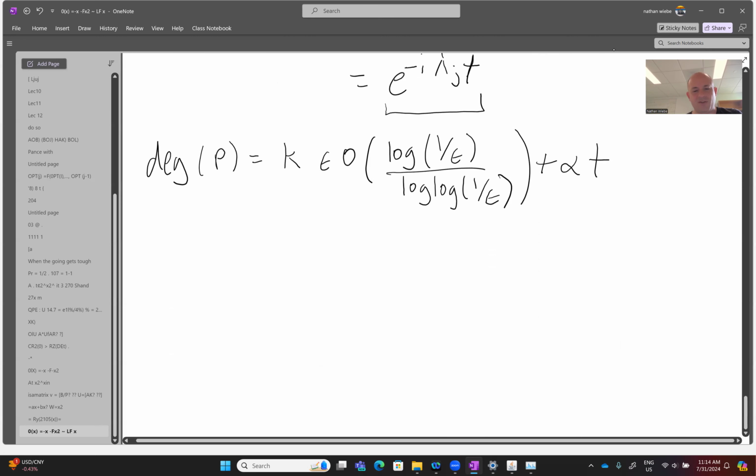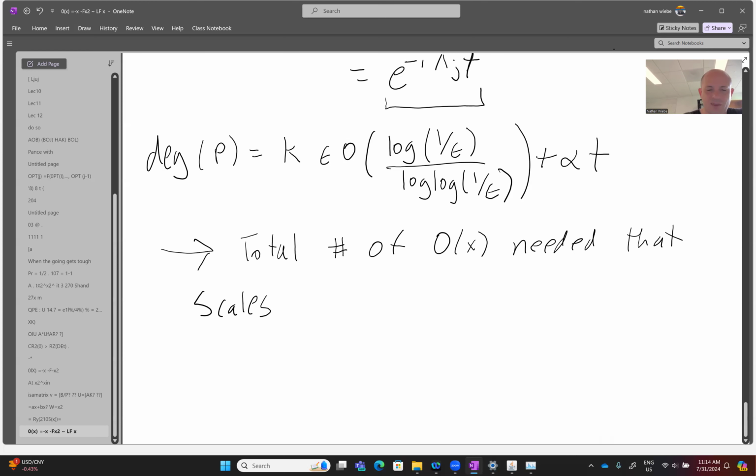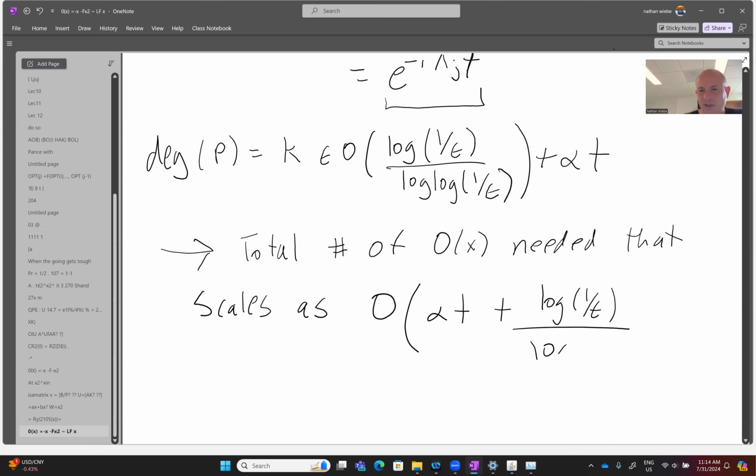So this ends up giving us a total number of OX needed that scales as big order alpha t plus log 1 over epsilon divided by log 1 over epsilon.